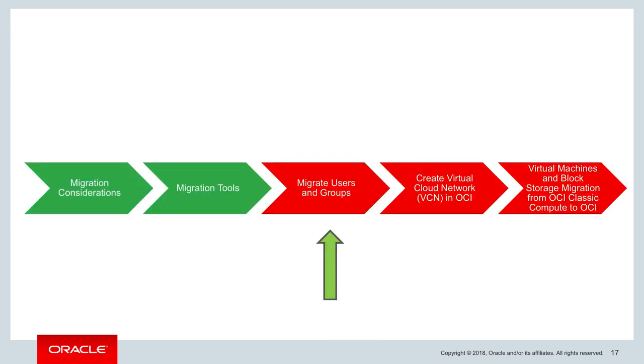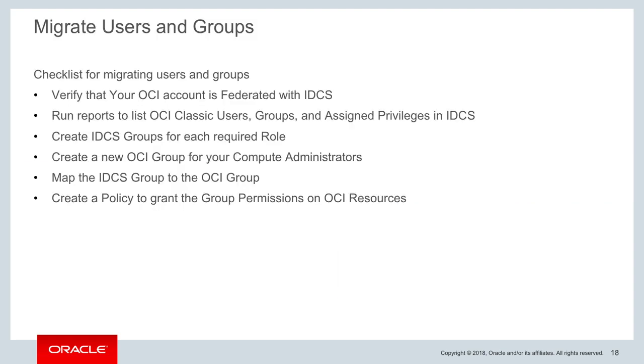Let's now look at migrating users and groups. Before you migrate your workloads from Classic to OCI, you need to ensure that your users who were using the OCI Classic environment will have the same set of access and privileges in OCI.